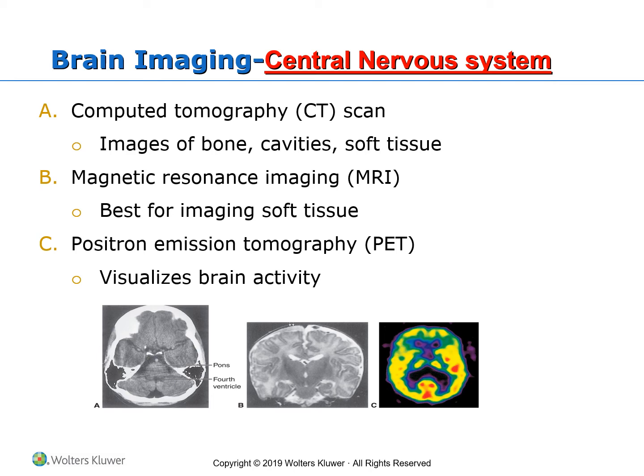Those that have high activity will be red or bright red, going into yellow, and green moves into blues and purples. The darker the color, the more purple, it means that that area of the brain is totally inactive. The more red the area is, it means that it's active. We do use the PET scans, especially in Alzheimer's patients, in order to demonstrate that they have very low brain activity.